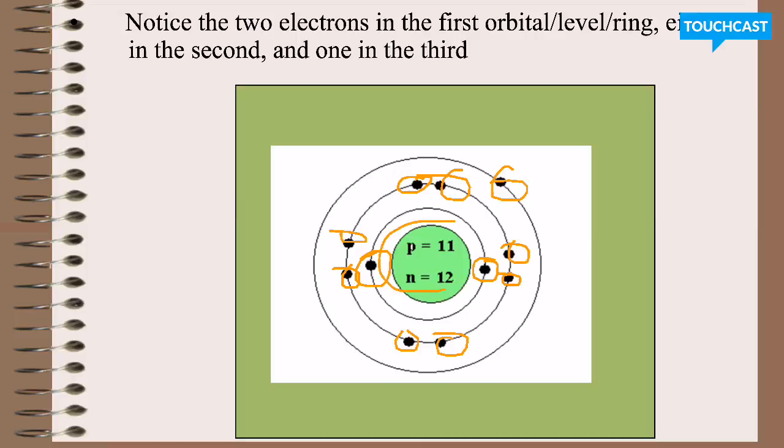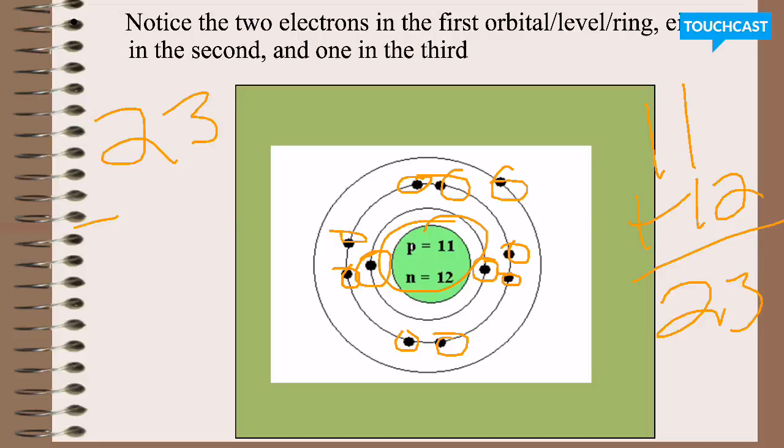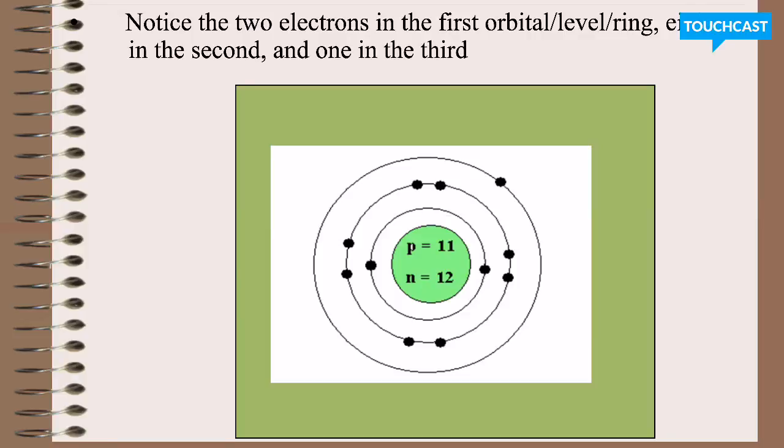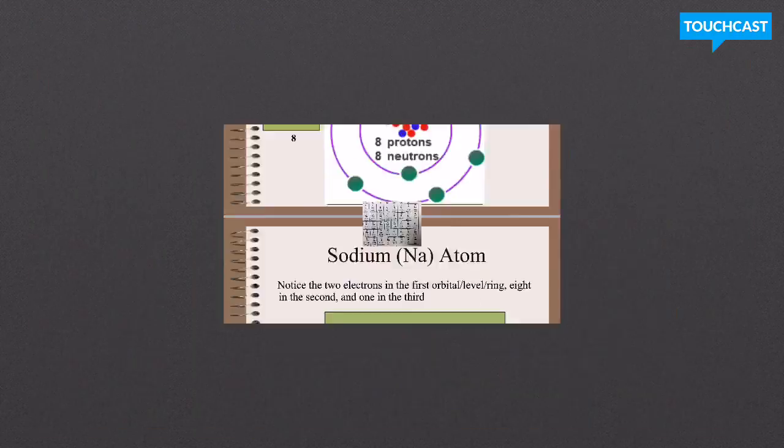When I add these two together, because that's how I found my atomic mass, 11 plus 12 gives me 23. So if I have a mass of 23, man is mass number minus atomic number, which has to be 11. If I have 11 protons, I should end up with 12 neutrons, so that does check out.